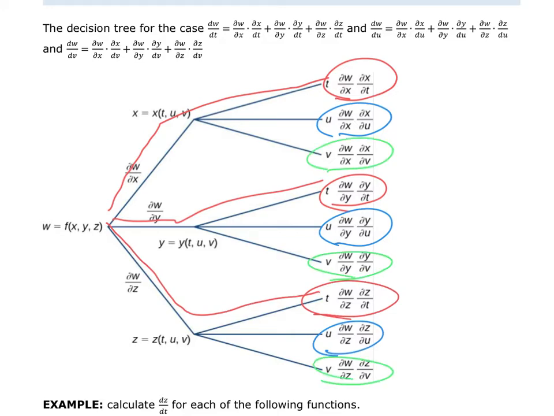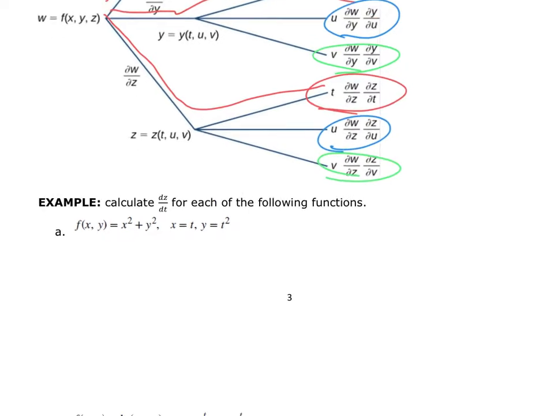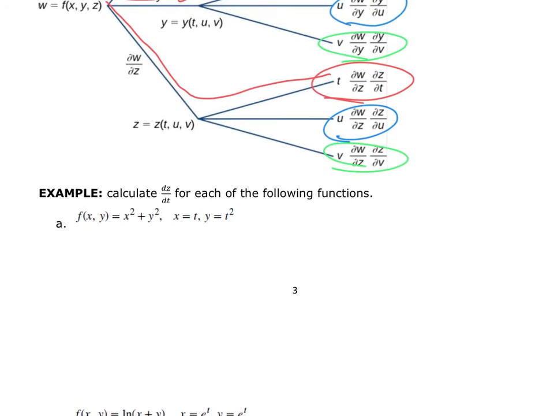Let's go through an example. Calculate dz/dt for each of the following functions. So I'm going to need the partial derivatives. The partial derivative of f with respect to x is just going to be 2x, and that gets multiplied by the derivative of x with respect to t, which is just going to be 1.